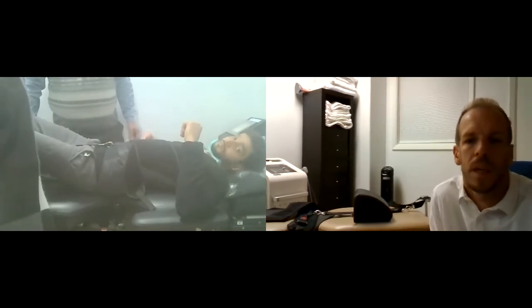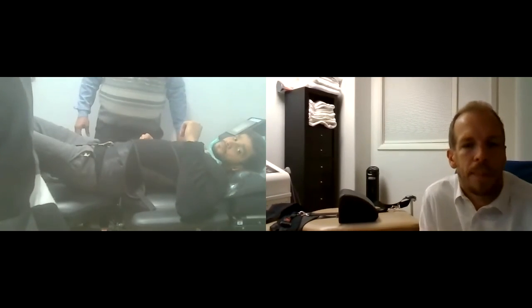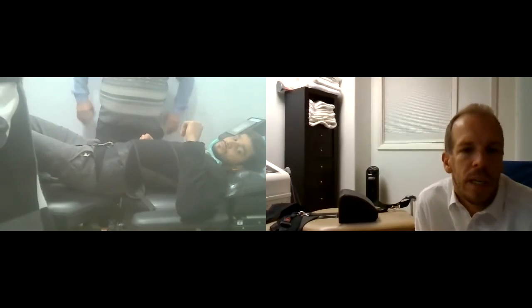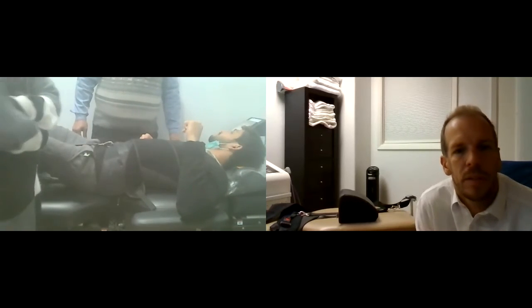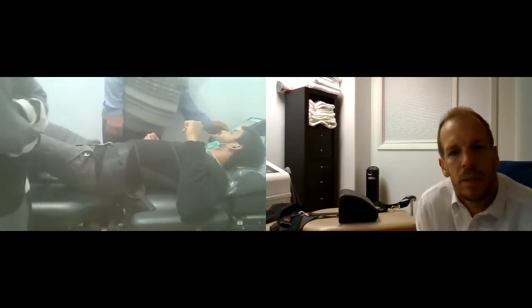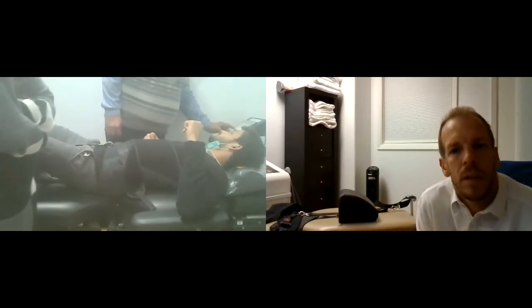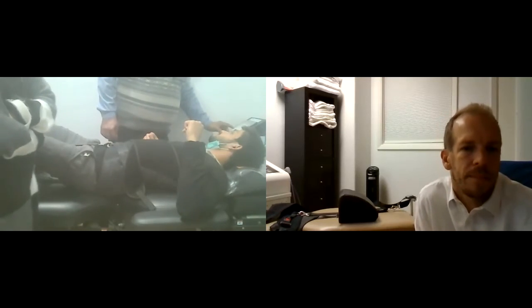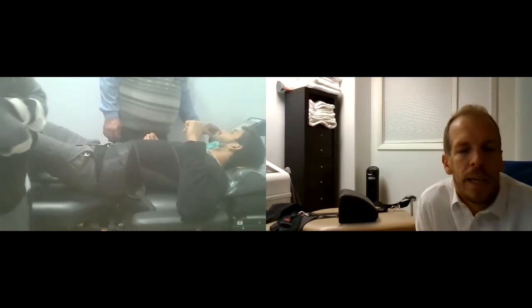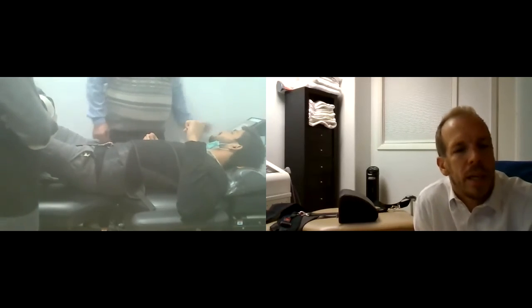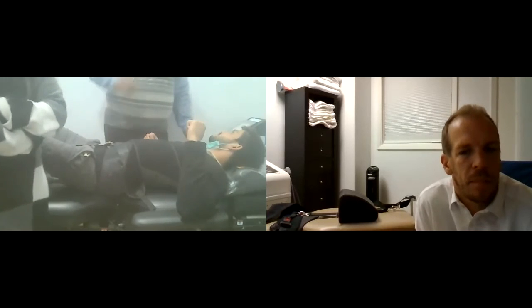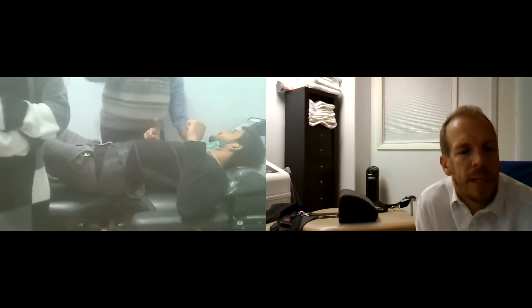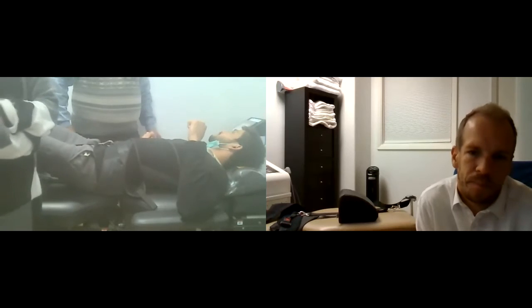Next, in the bottom right-hand corner, you see where it says treatment kilograms? Go ahead and push that. This is where you put in 1/3 of the patient's body weight for lumbar. So how many kilograms does he weigh?